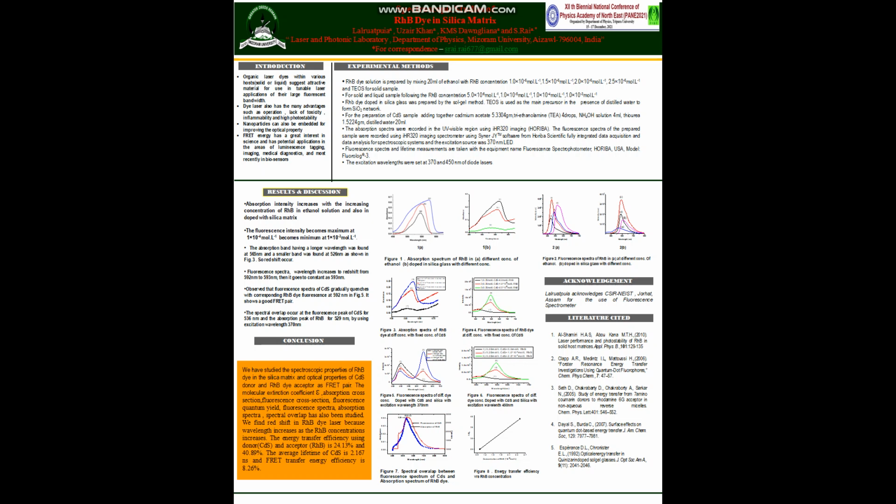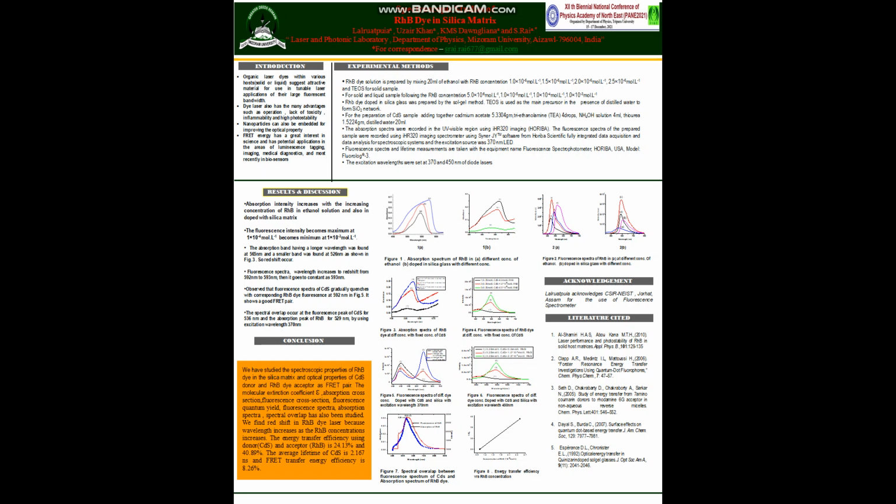So for our next step, that is energy transfer between CdS and rhodamine as shown in figure 7. This shows a good spectral overlap between fluorescence spectrum of our donor CdS and absorption spectrum of the acceptor rhodamine dye.